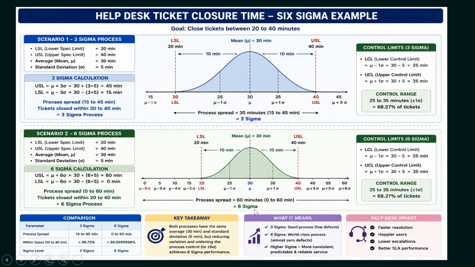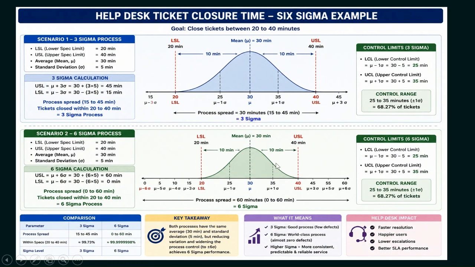But in a 6 sigma process, the process spread is 60 minutes, 0 to 60. The spread goes from 0 to 60, but your control limits are still only in the center.